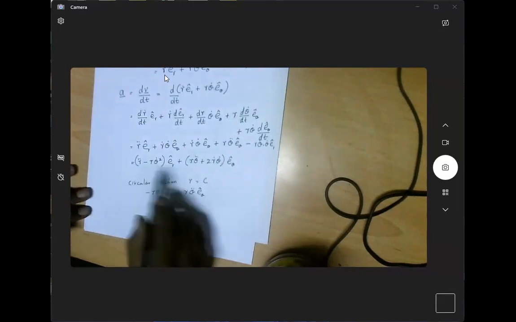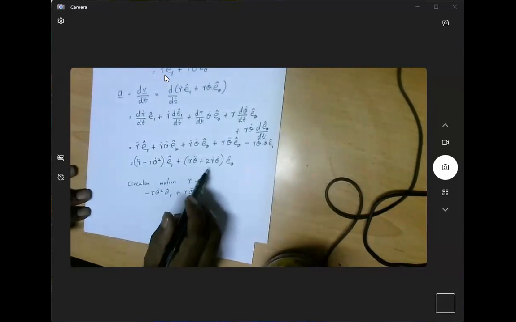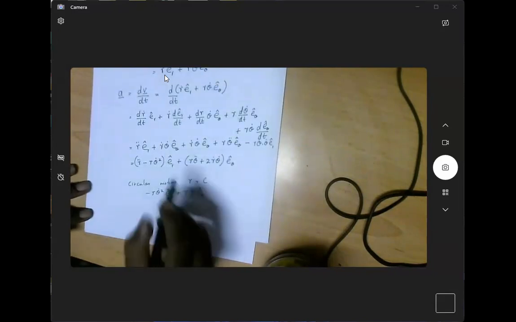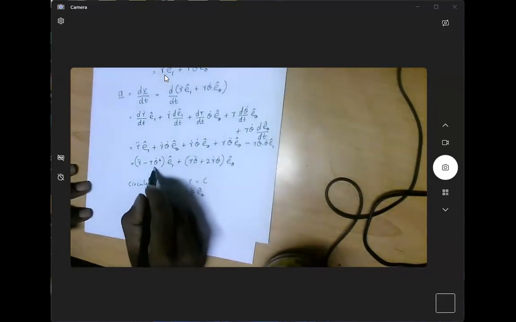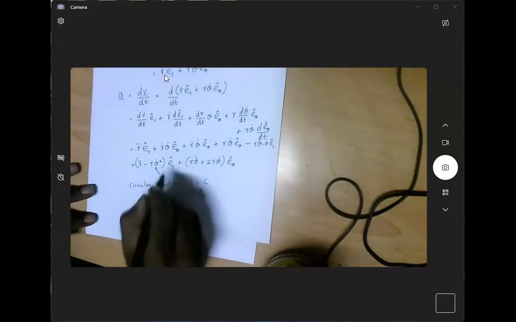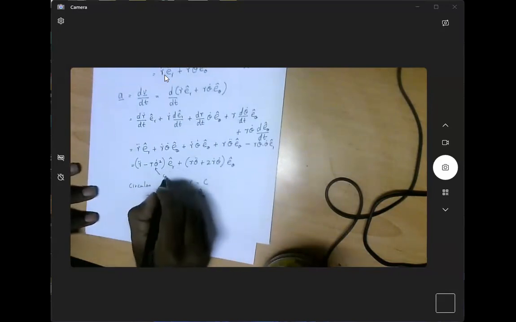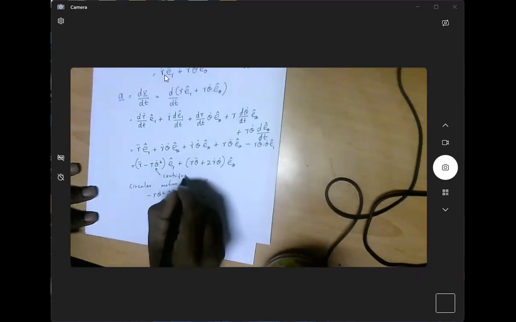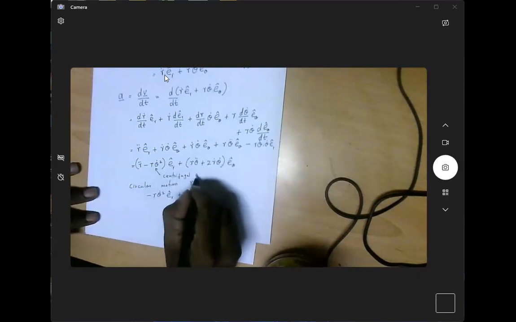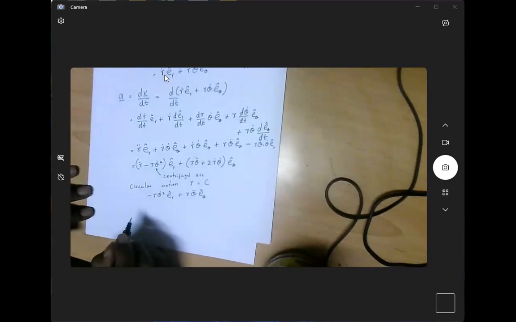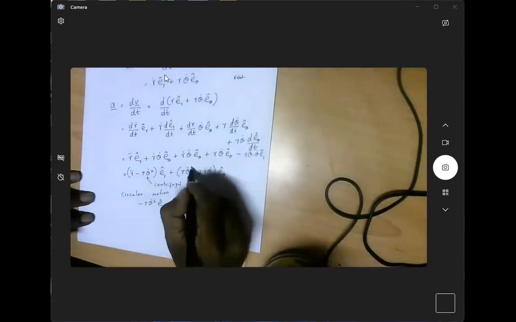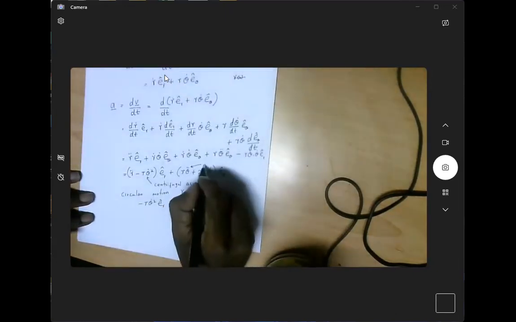So all four of these terms have different names. This one, by reference to circular motion, is centrifugal acceleration. Right? And this r theta double dot term is the angular acceleration.